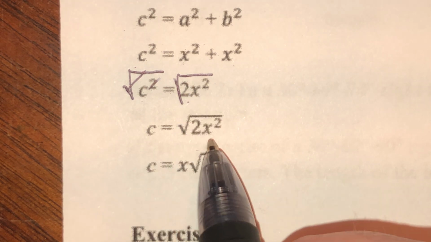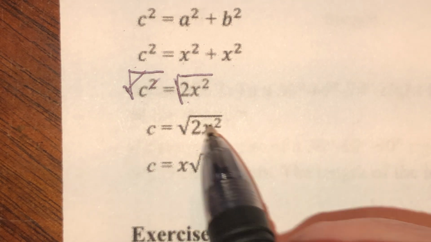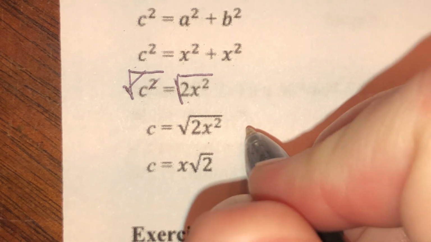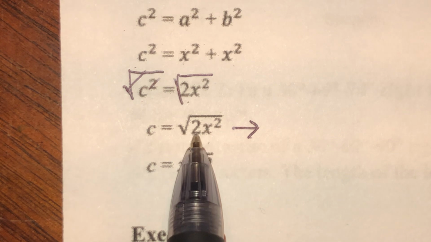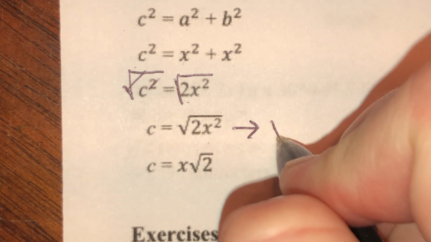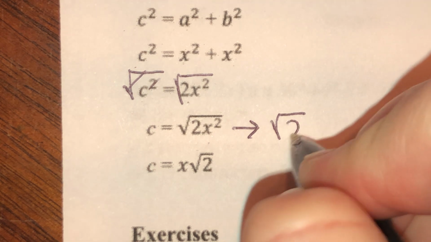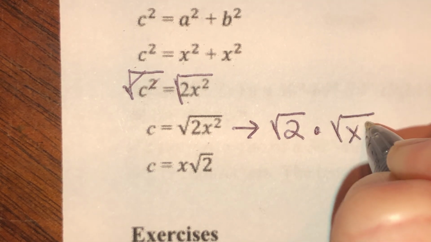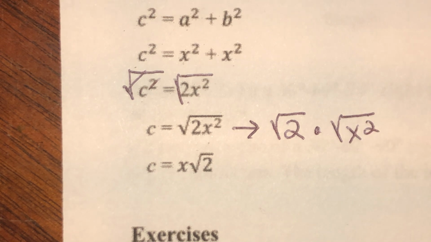When I take the square root of this, I actually separate it. My rules of radicals tell me that I can separate the factors. This is 2 times x squared, so I'm going to give each of them their own radical: square root of 2 times square root of x squared. We went over that in the last video.